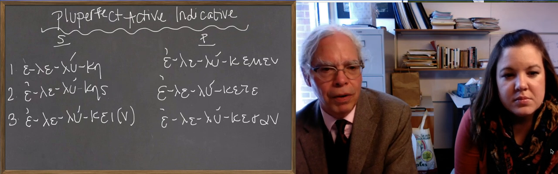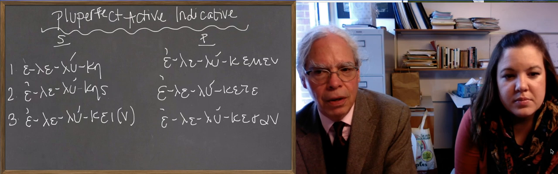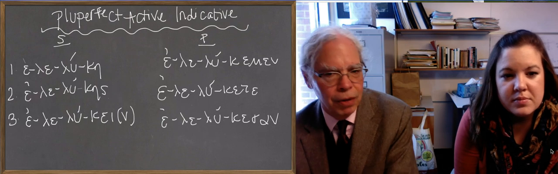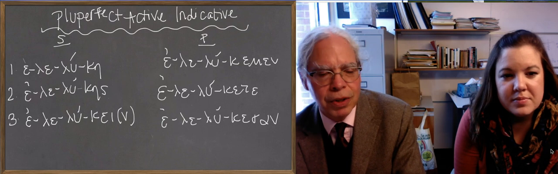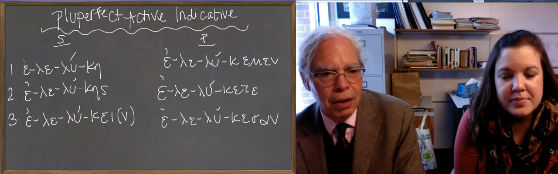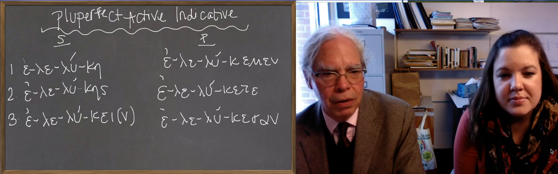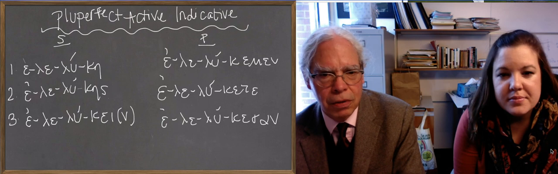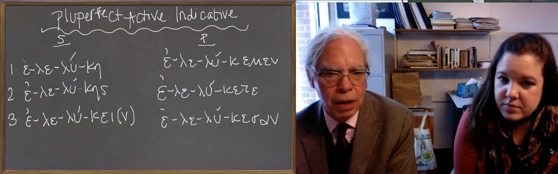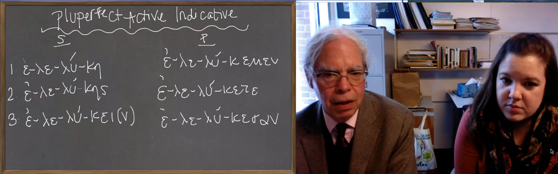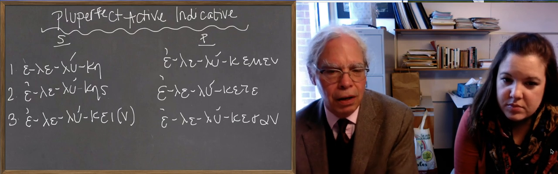Again, all the vowels that were short in the perfect, the present perfect, which is really what that is, meaning "right now I have finished releasing," become long vowels in the endings of the pluperfect. And in the plural, we get an e linking vowel. So it's lelu kemen, lelu keta, lelu kesan.